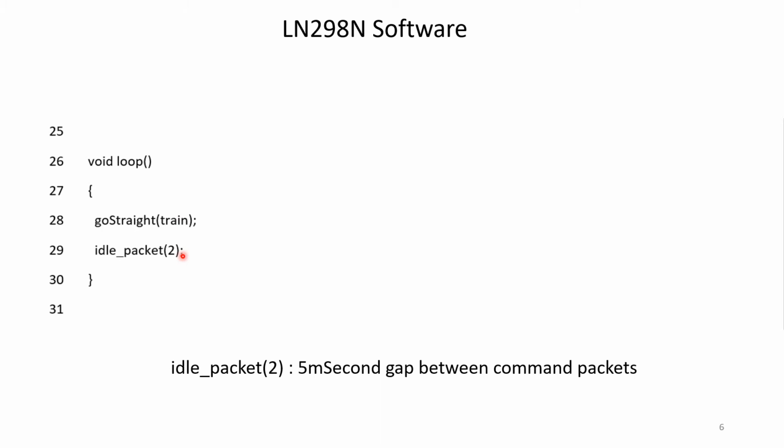Then I'm transmitting 2 idle packets, because according to DCC specs, there needs to be at least a 5 millisecond delay between train command packets if you're not to overload the decoder. And an idle packet is about 2.5 milliseconds long, so by sending 2 idle packets, we're implementing approximately just over a 5 millisecond gap between command packets.